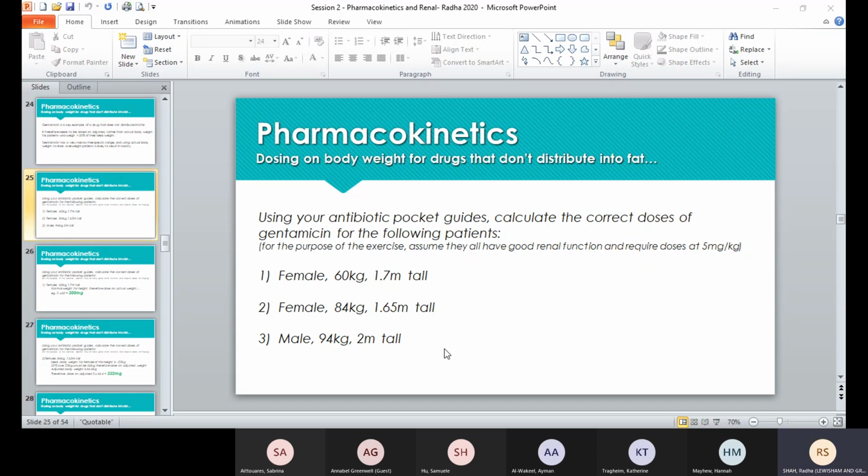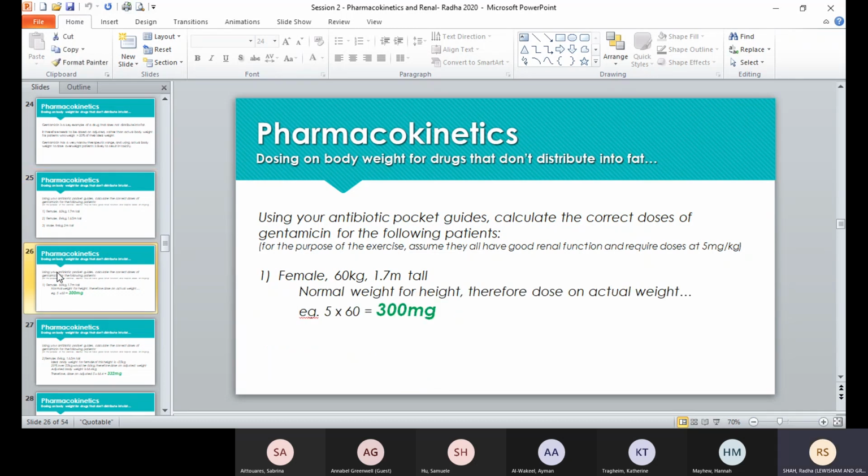So what about the second one? Which weight was it that we did 20% of?